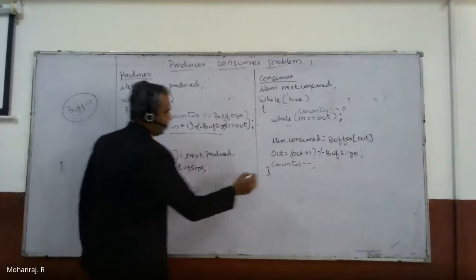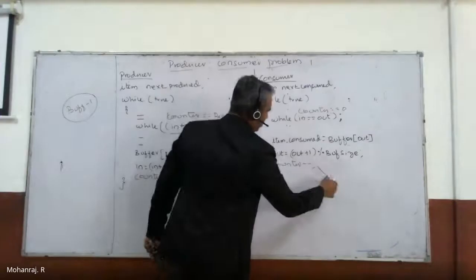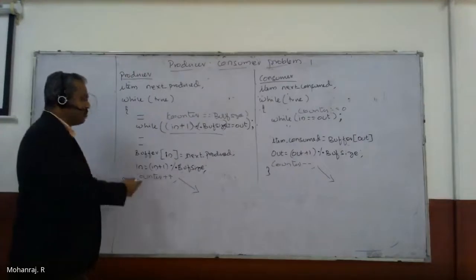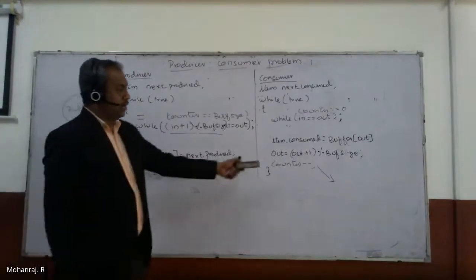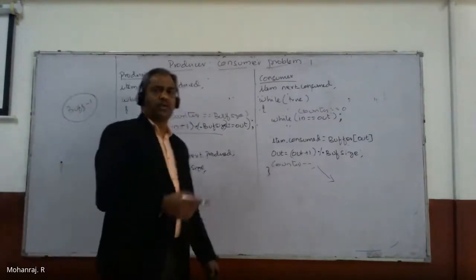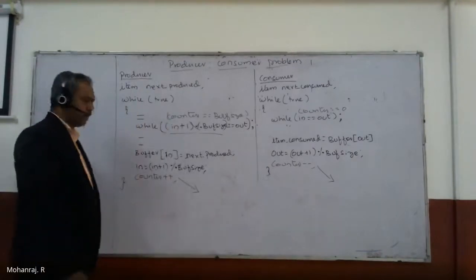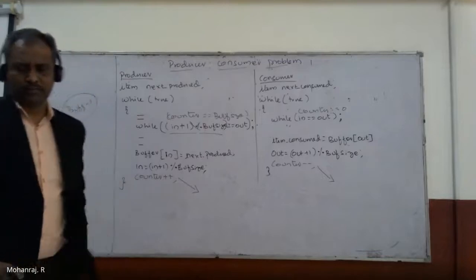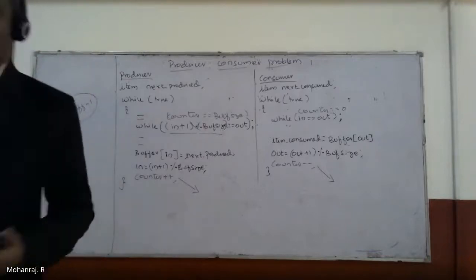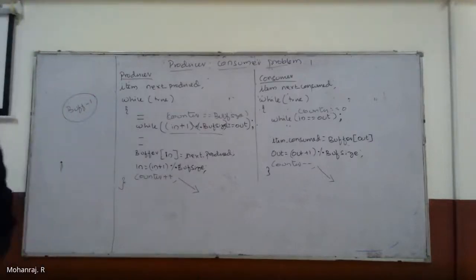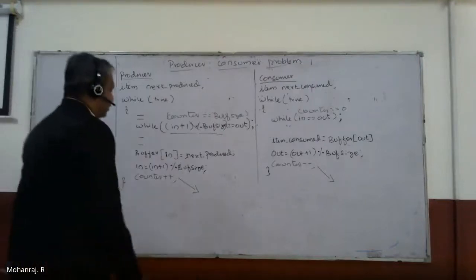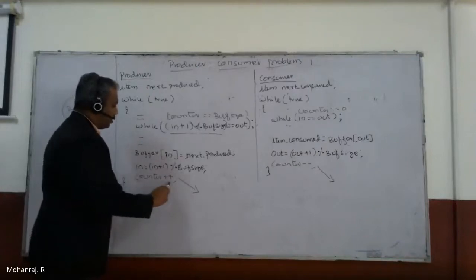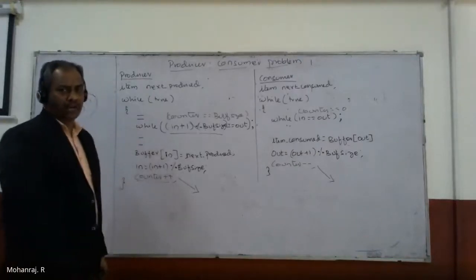Now, coming to this part, counter increment and decrement. It is nothing but counter equals counter plus 1, and counter minus minus is nothing but counter equals counter minus 1. And during the course of execution, the CPU or the execution unit is not going to do it the way we write.